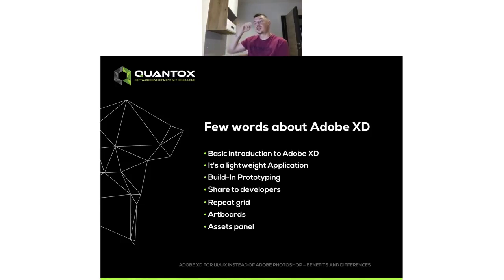It's on the left side in XD. These are the colors you use, fonts, and graphic elements and so on, that you can just click and change in multiple places. Okay, let's go forward.